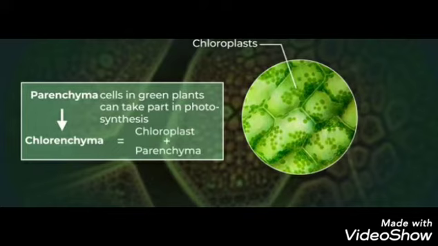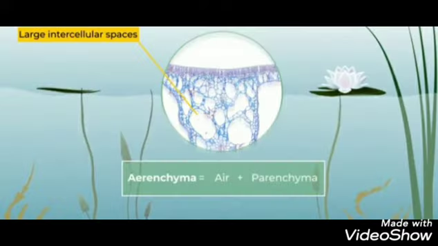These cells have chloroplast, which is present in the green parts of the plant, like the leaves, in which their main function will be photosynthesis. The next type of parenchyma tissues are aerenchyma. Now these tissues have large air spaces between their cells, and so they help in floating of the aquatic plants, and they also help in the gaseous exchange in the terrestrial plants.